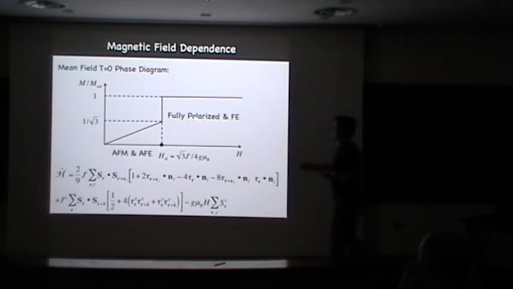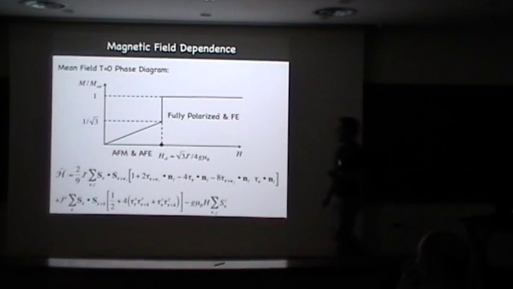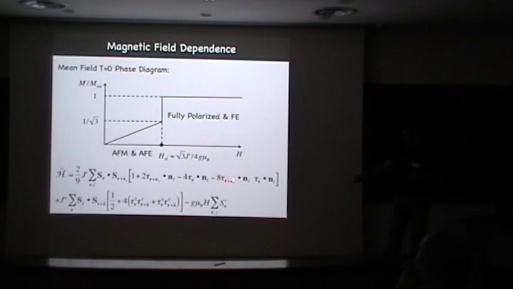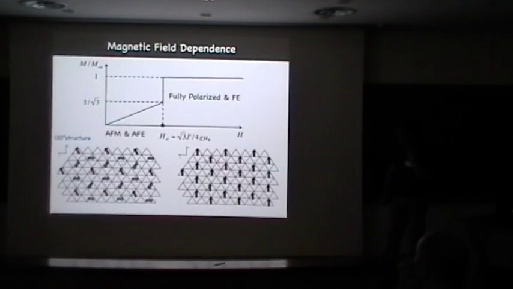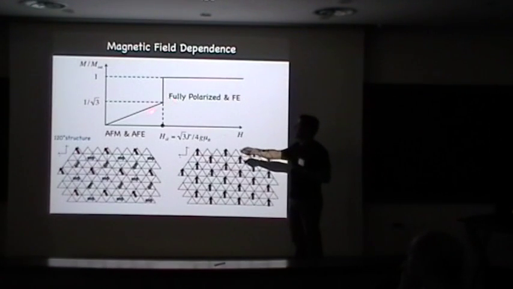So what you expect indeed is a transition from a ferroelectric state to an antiferroelectric state, right? Because the sign of the effective coupling between orbitals is changing. And indeed, that's what you get, at least at the mean field level, and you get it via a spin flop transition.